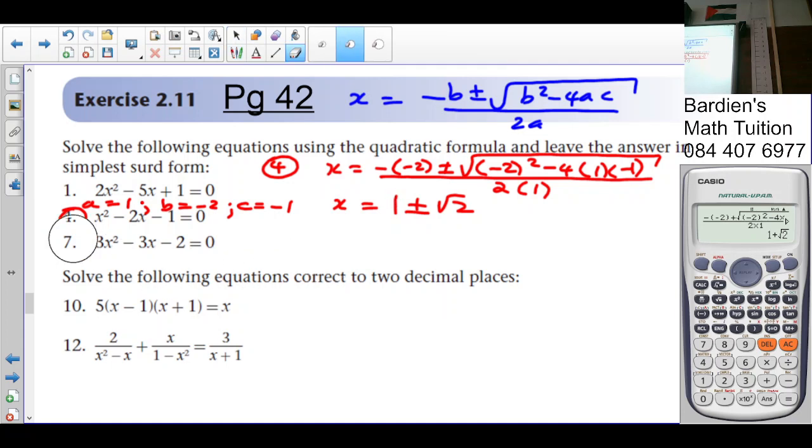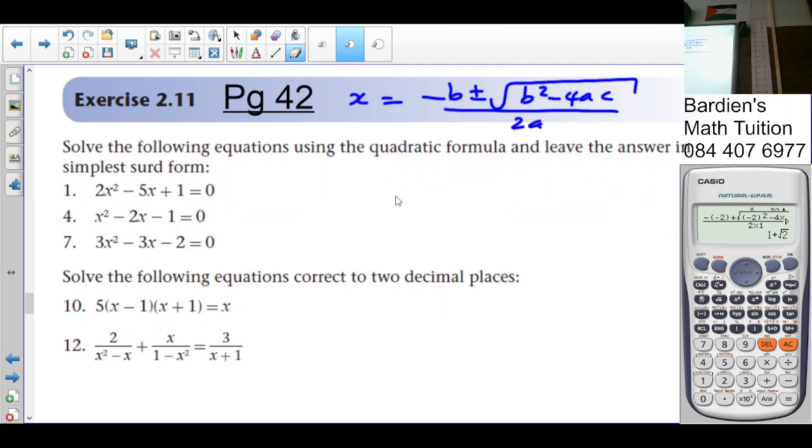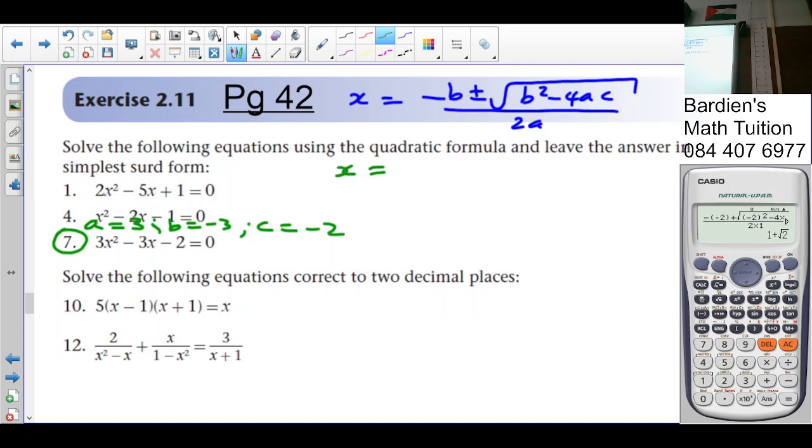Number 7. Number 7, your a value is 3, your b value is negative 3, and your c value is negative 2. x is equal to minus b plus minus the square root of b squared minus 4ac over 2a. Let's do the substitution. So it's going to be negative 3 times negative.